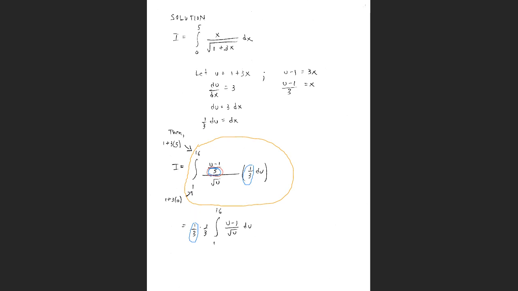The 3 in the denominator means, in other words, this here is the same as 1/3 times u minus 1. So that 1/3 there, I'll bring that out in front of the integral. And so that gets me here.